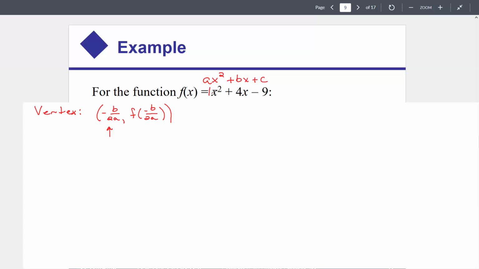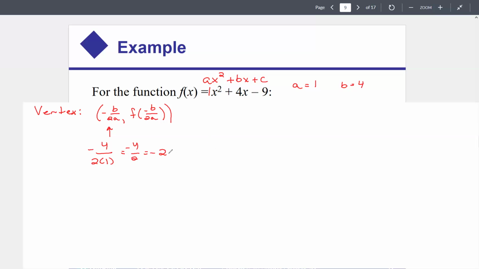Because this x squared has a 1 on it, a is just going to be 1. B is that center part, the coefficient of just the x term, which is 4. So we would have negative 4 over 2 times 1. So what we're going to get is negative 2.